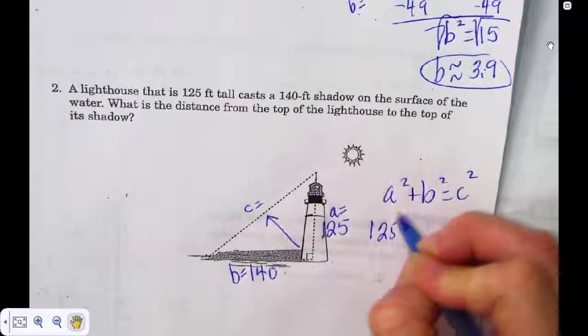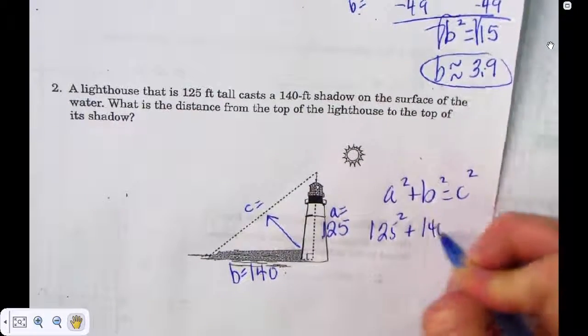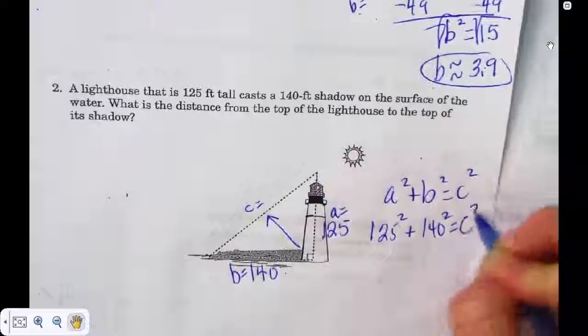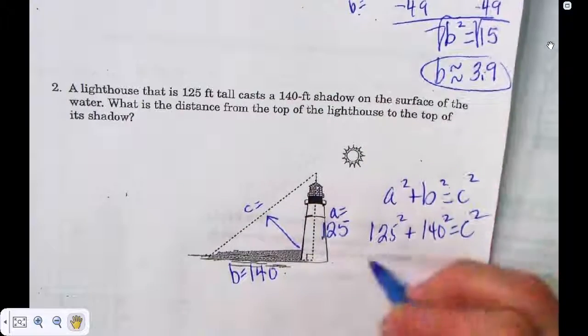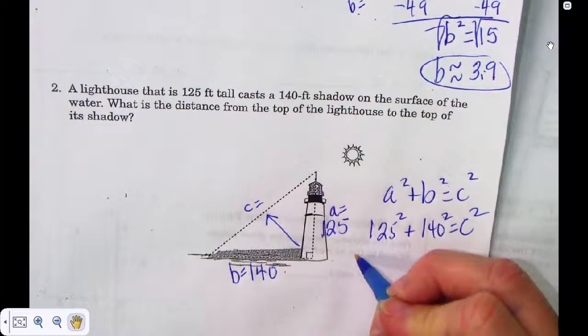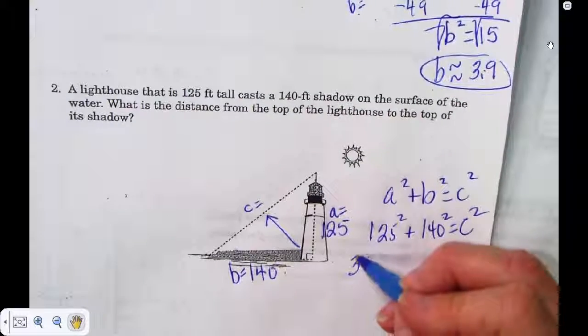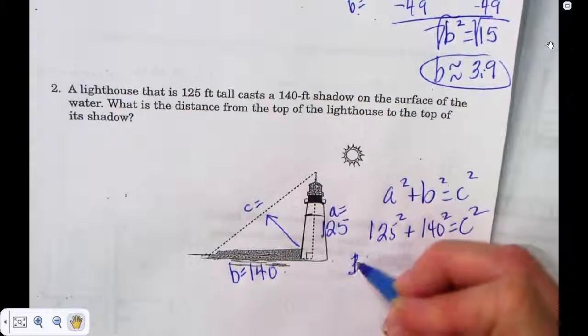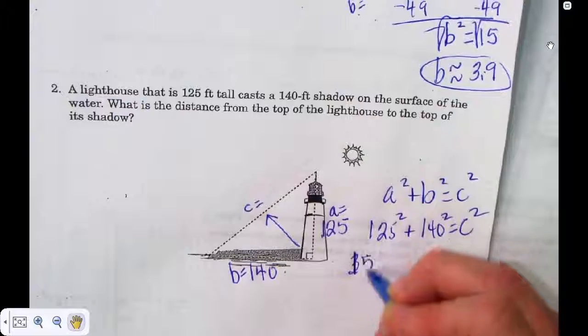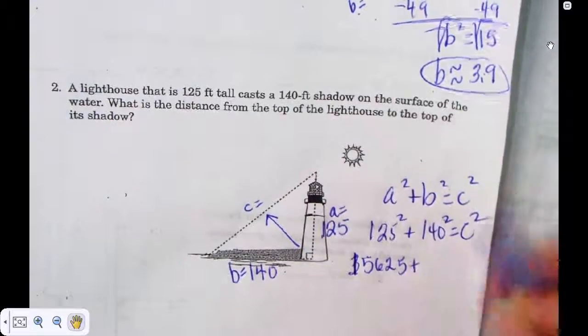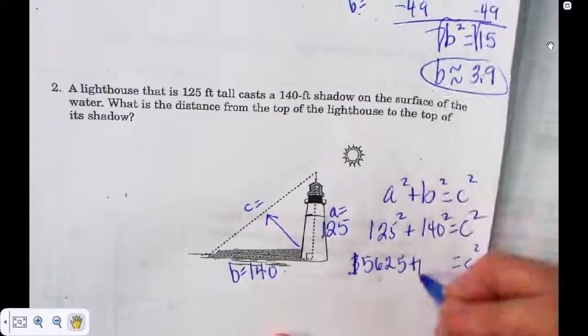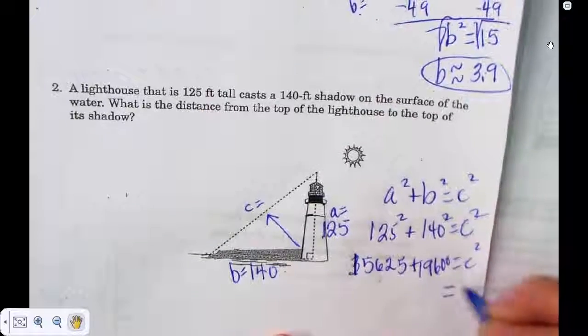So 125 squared plus 140 squared equals C squared. Y'all tell me the numbers, I've forgotten. What goes here? What now? Thank you. Plus, I'm thinking of the answer and whatnot.